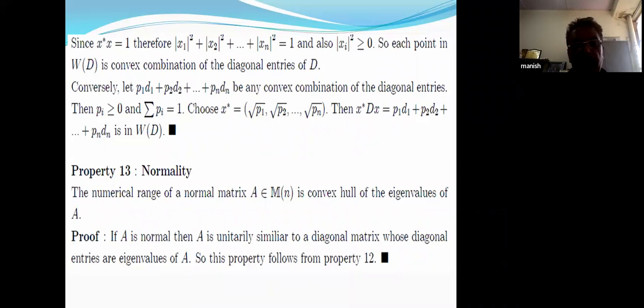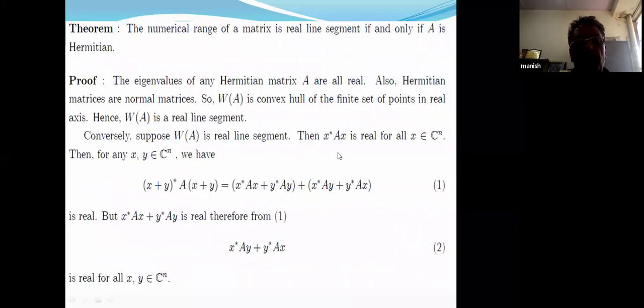Because by unitary similarity invariance, the numerical range of A is the same as the numerical range of U star A U. And by the spectral theorem, we can choose a unitary U such that U star A U is a diagonal matrix, and the diagonal entries are the eigenvalues. So by the last property, the numerical range of this normal matrix is the convex hull of the eigenvalues.